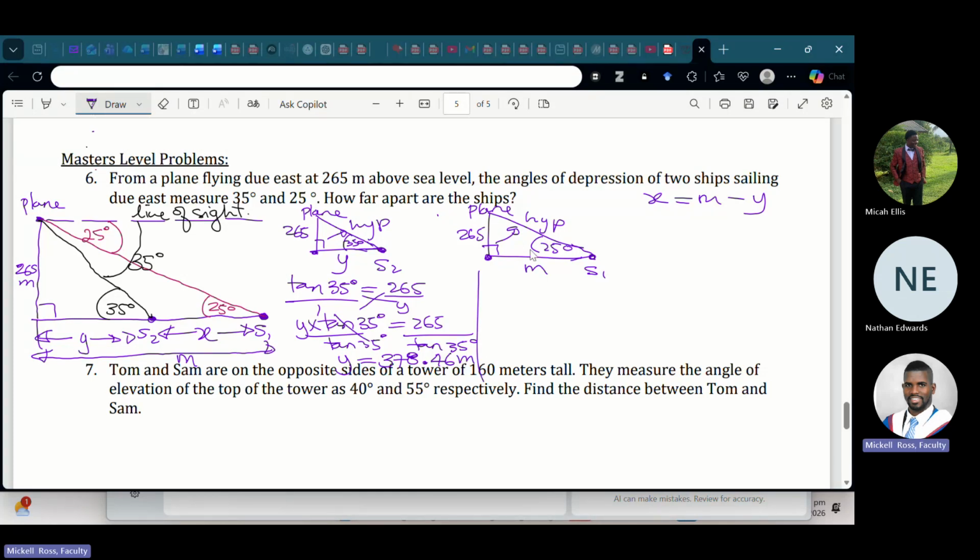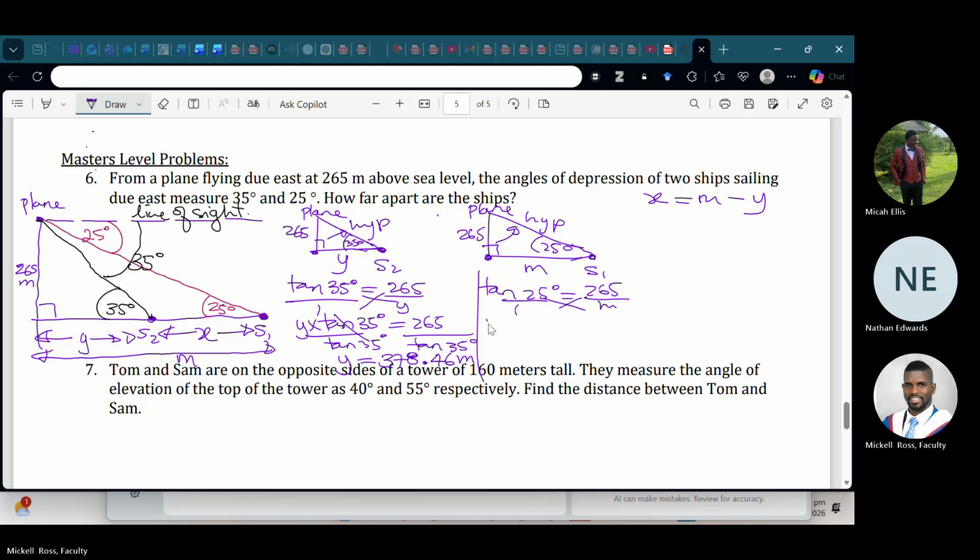And we're going to do the same thing to find m. So it is going to be tan of 25 degrees is equal to 265 all divided by m. Cross multiply.